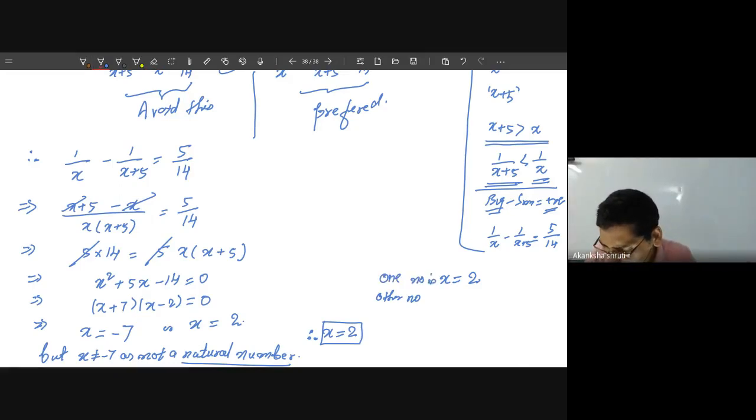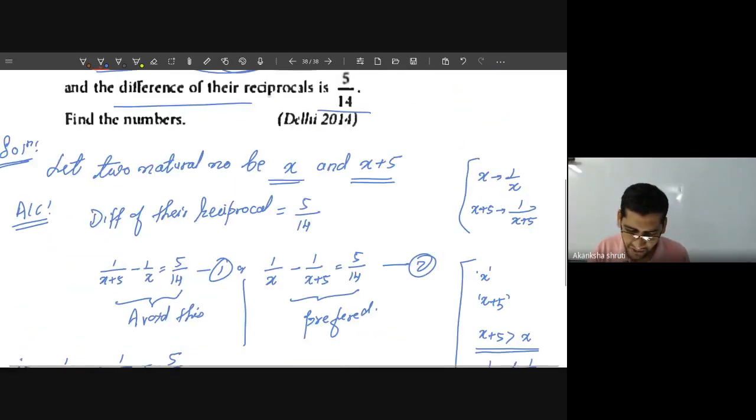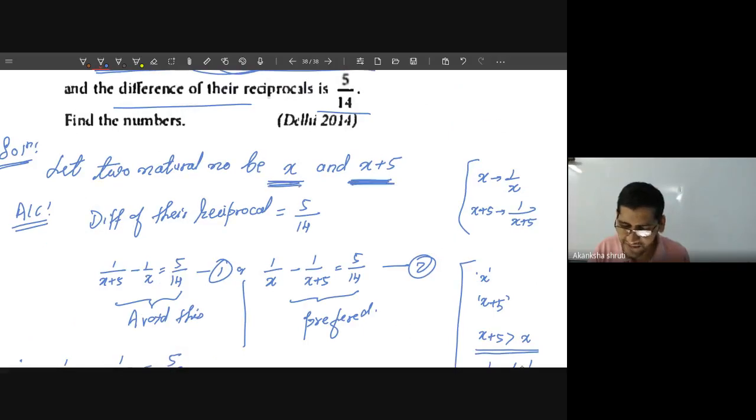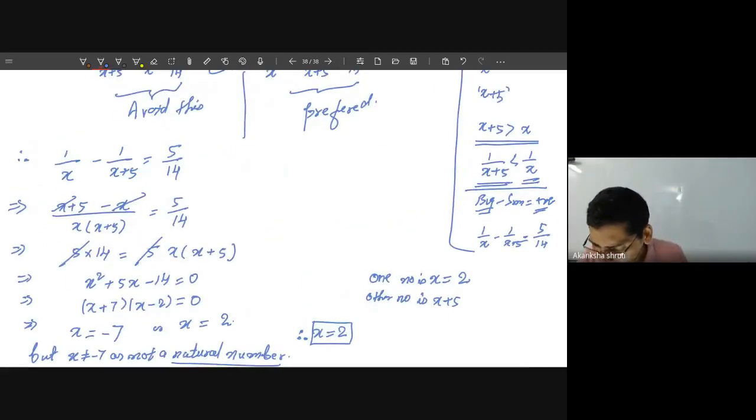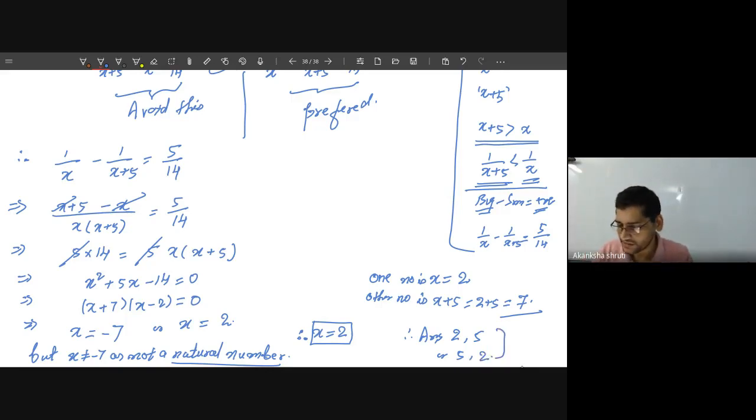One number is x, the other number is what? x plus 5 we have taken. Students, see now, one is x, another is x plus 5. So it is 2 plus 5 equals 7. So the answer is 2 and 5, or 5, 2. Whether you write this or this, you will get the same result. Okay, it is the answer.